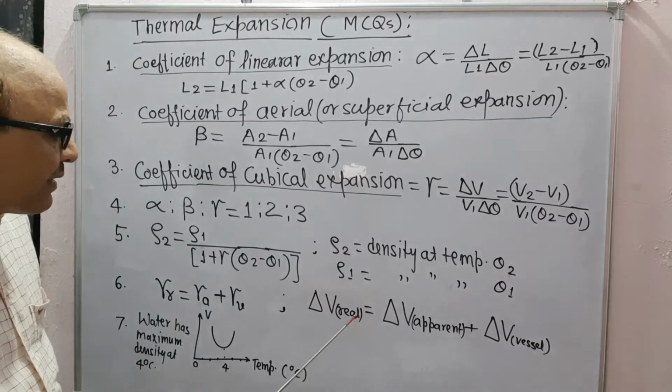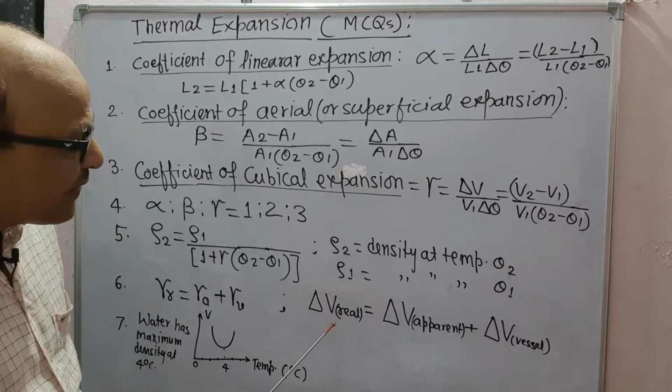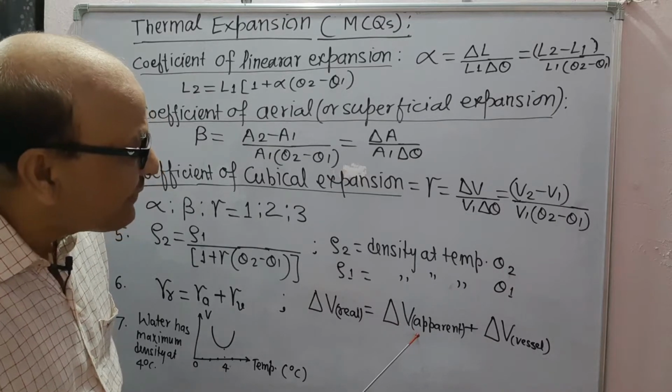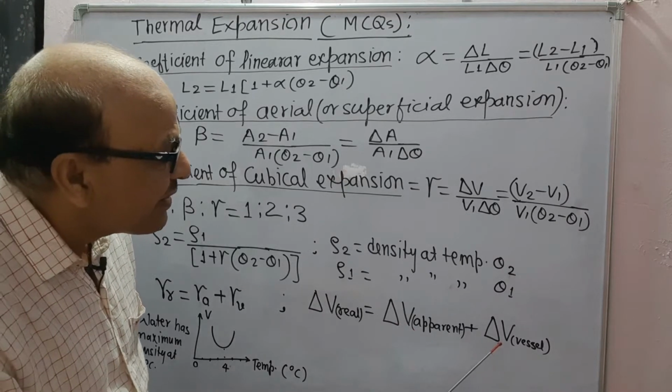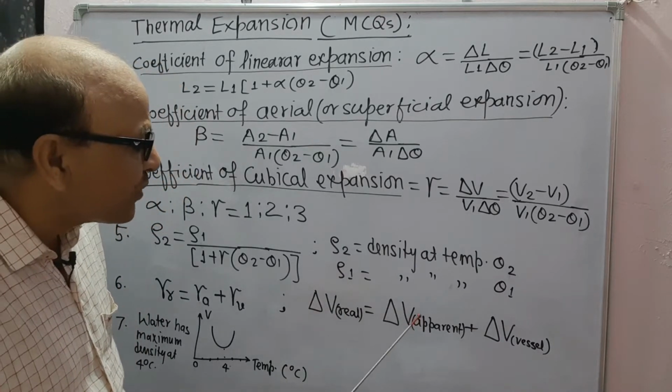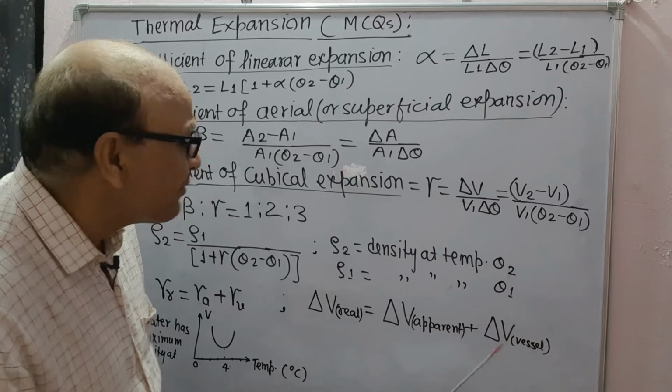So, the real expansion of the liquid will be equal to the sum of the apparent expansion of the liquid plus the expansion of the vessel. That is, delta V real is equal to delta V apparent plus delta V vessel.